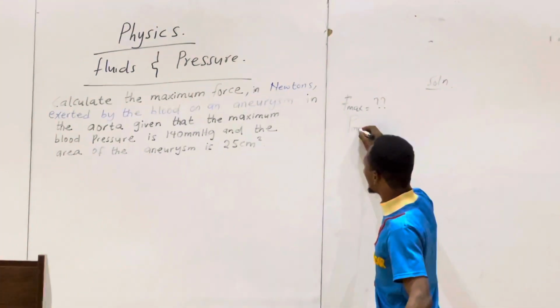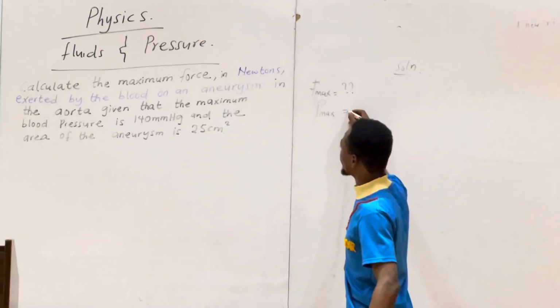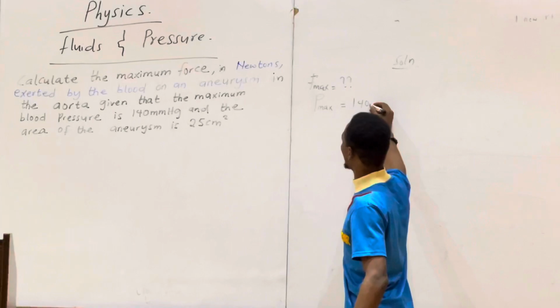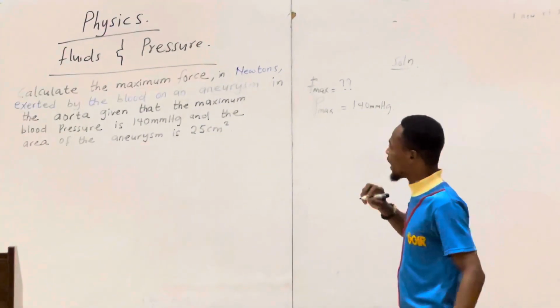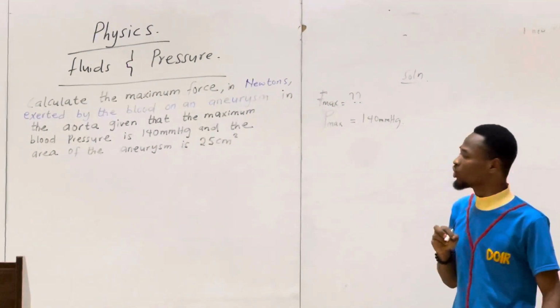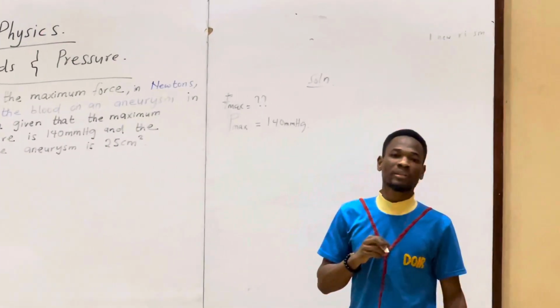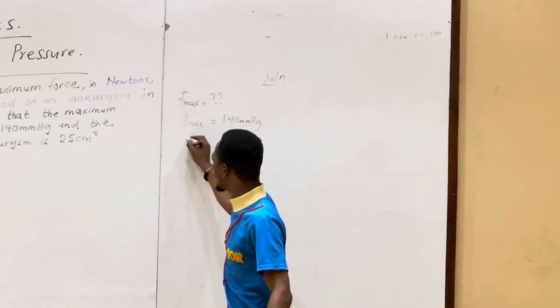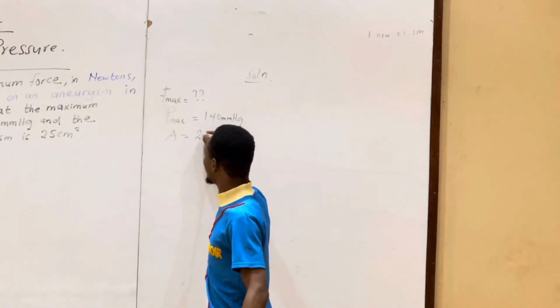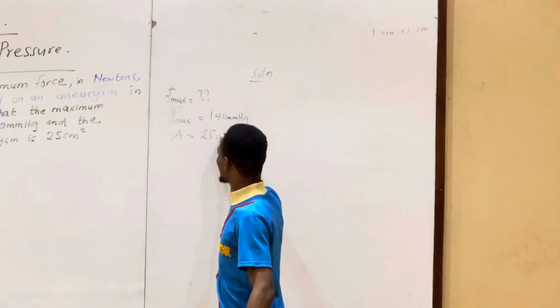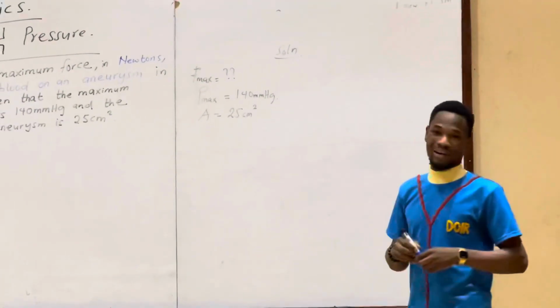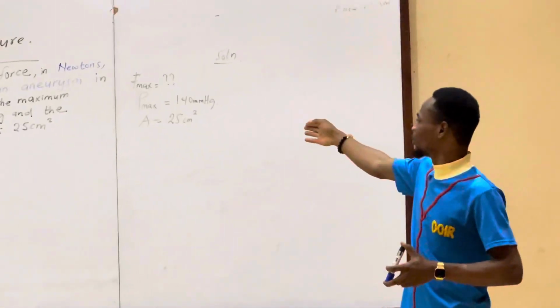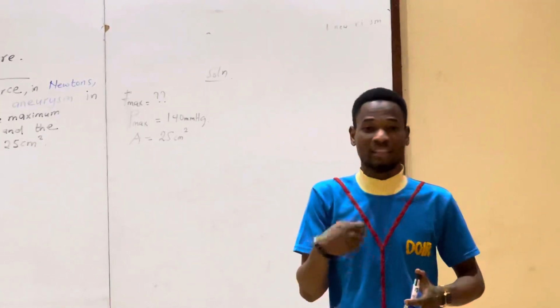So P max is equal to 140 millimeters of mercury. And the area of the aneurysm is 25 centimeters squared. So we have the area equals 25 square centimeters. And now clearly, they are not in their respective SI units.